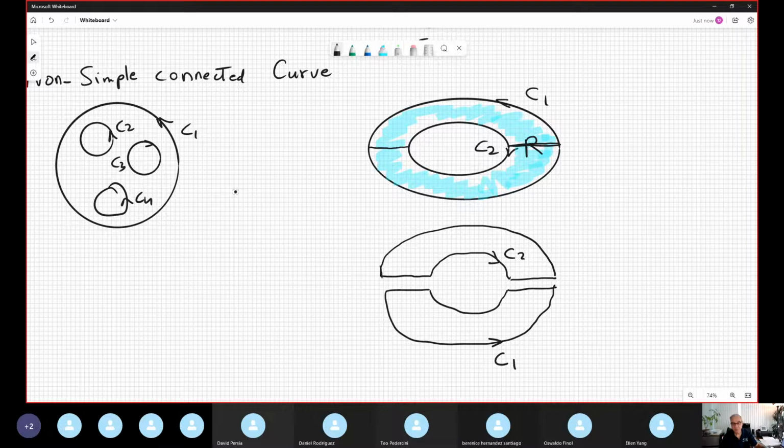Right. So you compute, for example, the line integral on the new curve, que is this curve. I'm using the blue curve C1. We go here, we go here, we go here. Perfect.